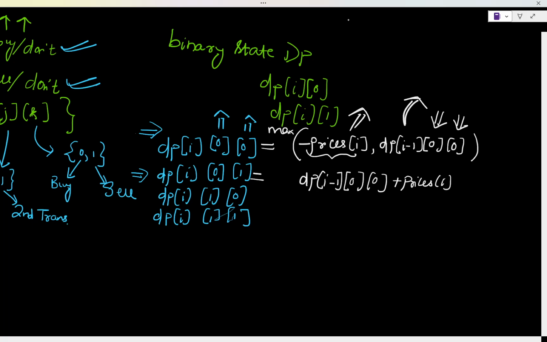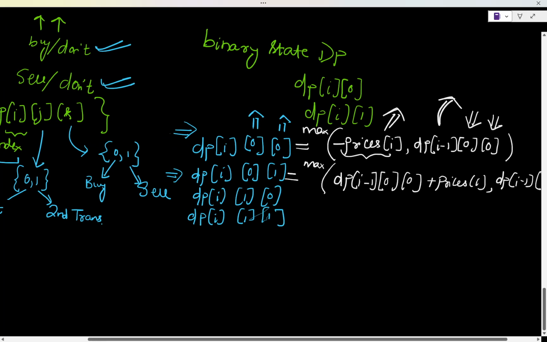Either we sell at index number I for the first transaction, or we take the most optimal choice for the previous state, dp of I minus 1 for the first transaction sell. And again, max of both. Through this max, we are implementing the idea of sell or don't sell for the first transaction.